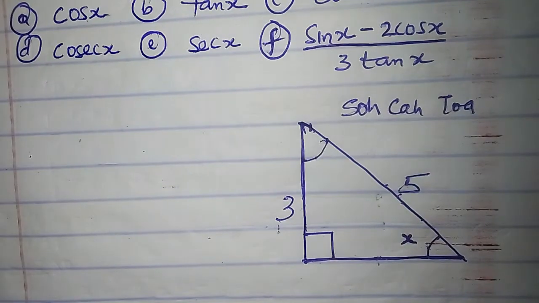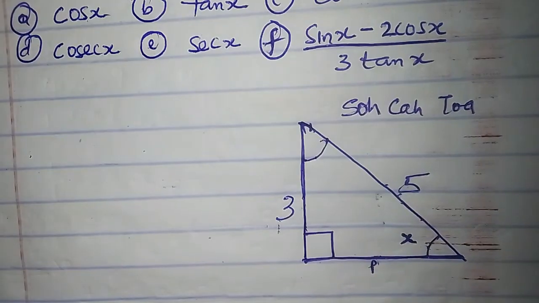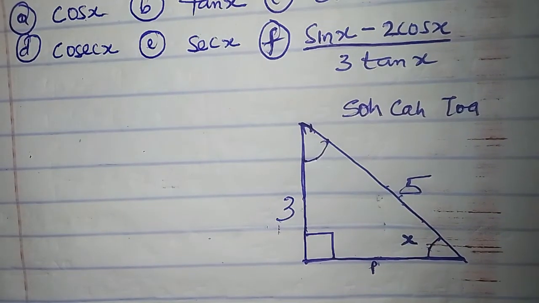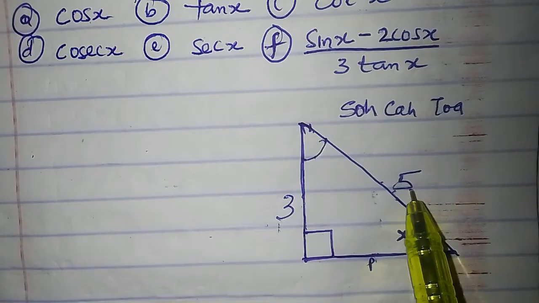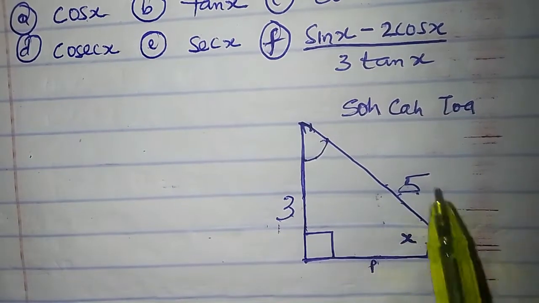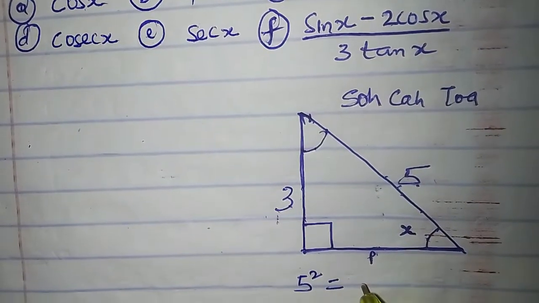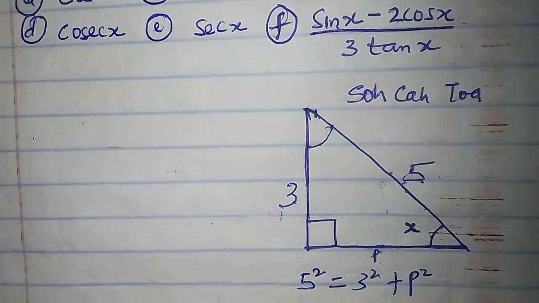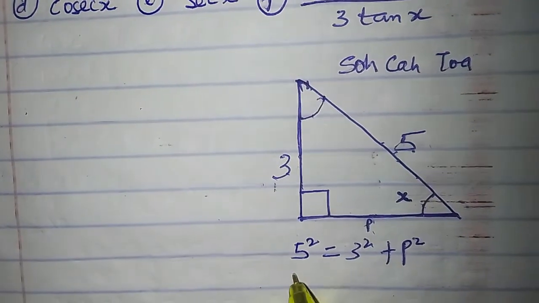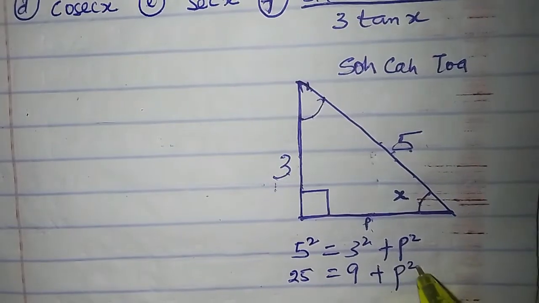We are going to use Pythagoras rule. Let's call this side P. Pythagoras rule says that the square of the hypotenuse is equal to the sum of the squares of the other two sides. 5 squared is equal to 3 squared plus P squared, which is the adjacent. 5 squared is 25. 3 squared is 9.